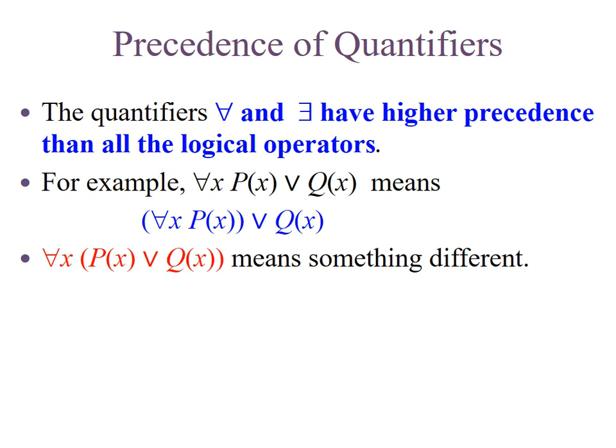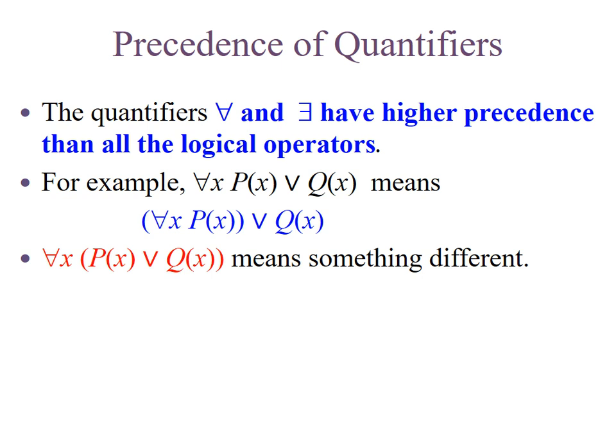So if we write for all x, p of x, or q of x, we know the priority of for all is higher than or. So this actually means (for all x, p of x), or q of x.